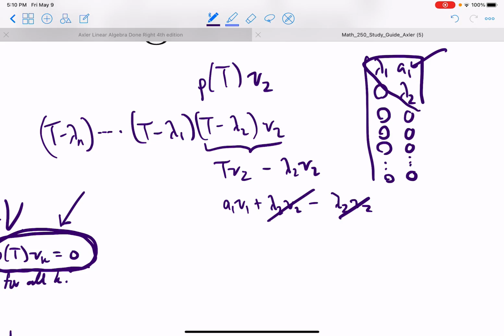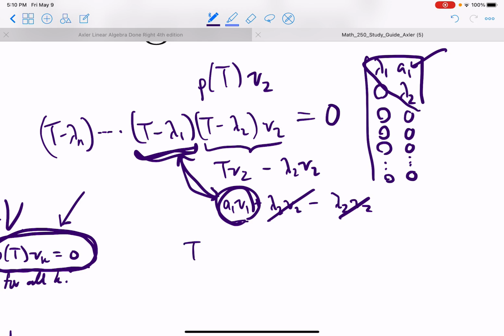And these will cancel, but this one might not cancel, right? This might not be 0. But luckily, it's just a scalar multiple of v1, and when this thing hits a1 v1, then we get 0. We get 0 because v1 is an eigenvector, and it's in the null space of that matrix. So good. Now we've got 0 there.